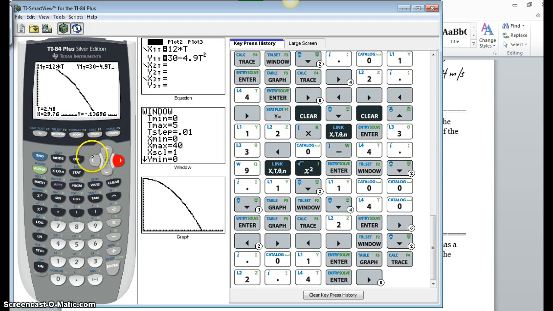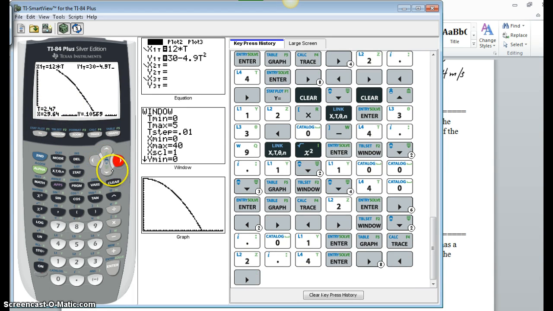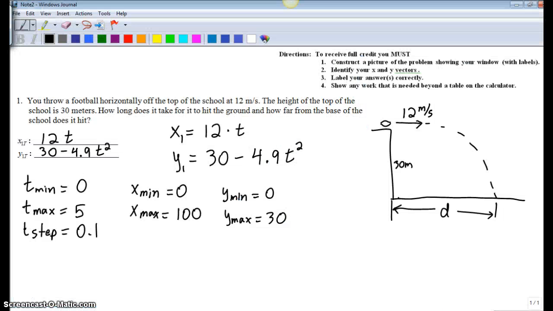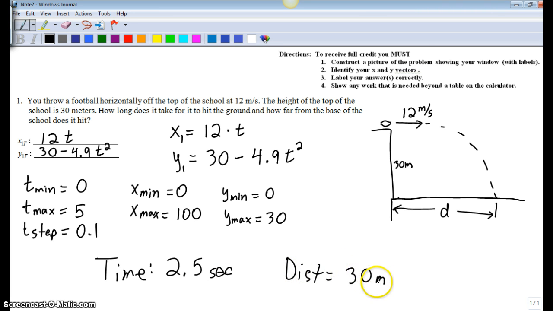And in the same respect, to the nearest meter, it doesn't matter whether it's 2.47 or 2.48, you're going to round up to 30 meters. So time was 2.5 seconds, and our distance we found, we had to round up to 30 meters.